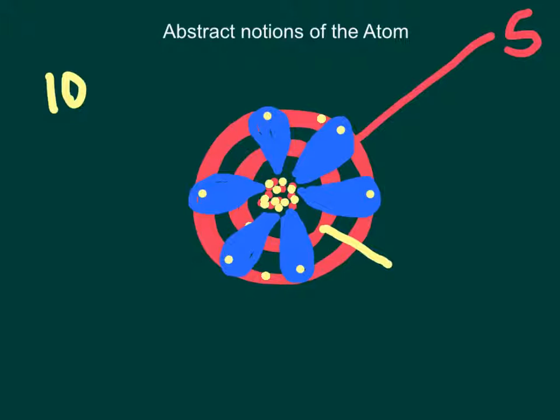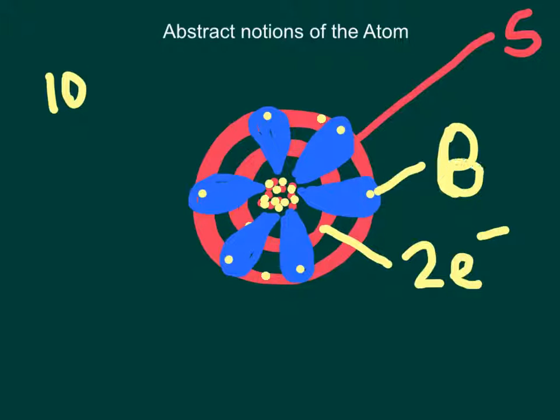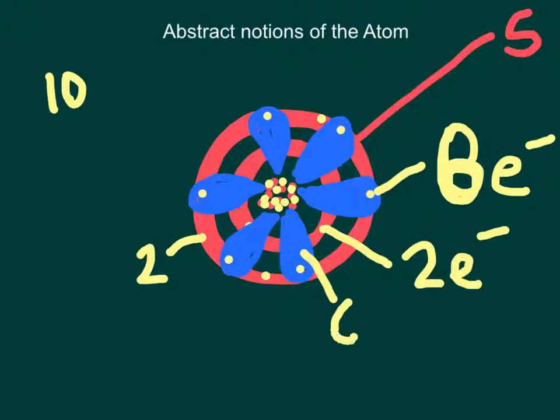I'm going to emphasize here that the first orbital had 2 electrons. This second orbital is actually going to total 8 electrons: 2 electrons in the sphere shape and 6 electrons in the P-shaped.